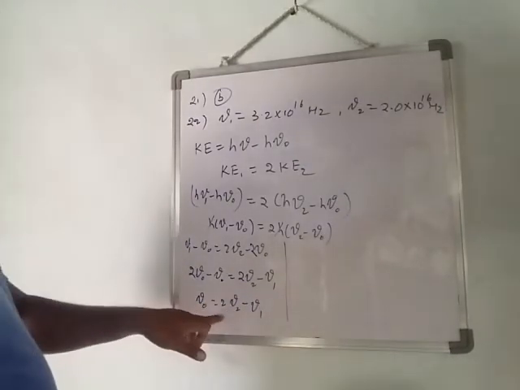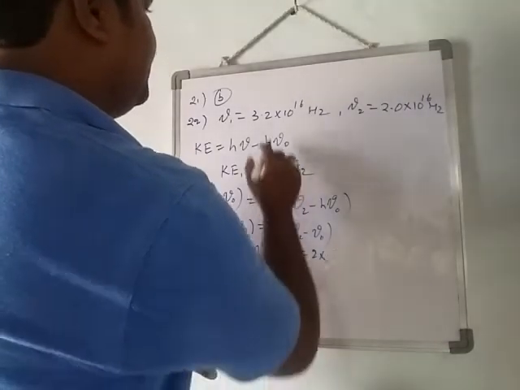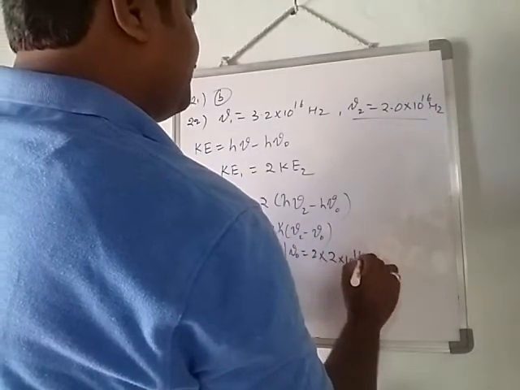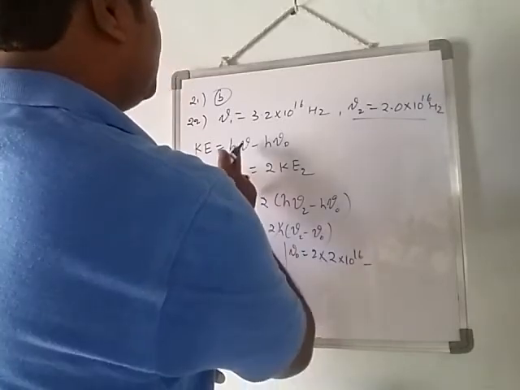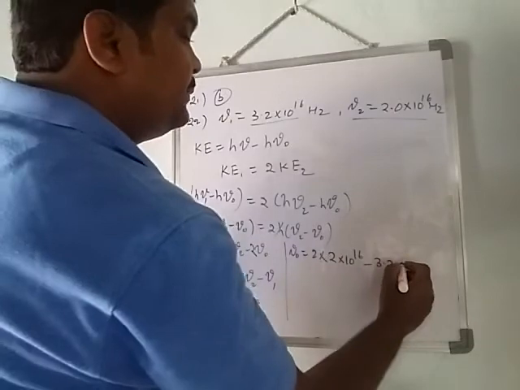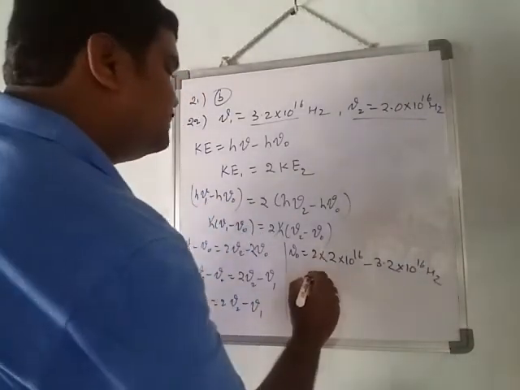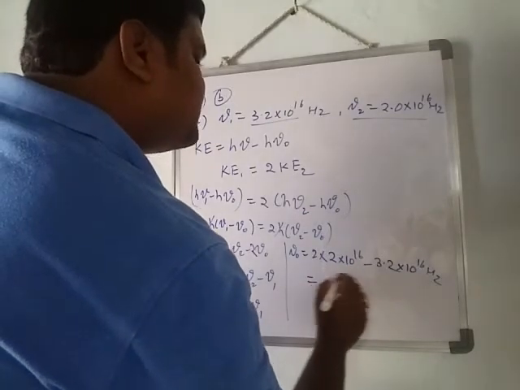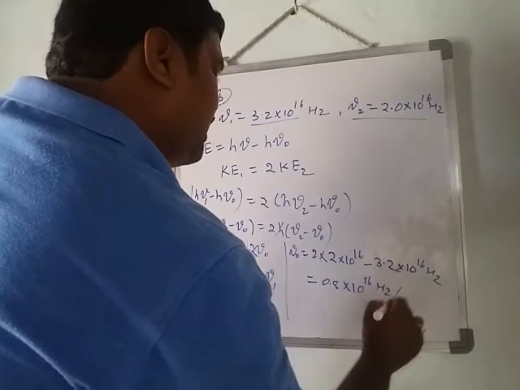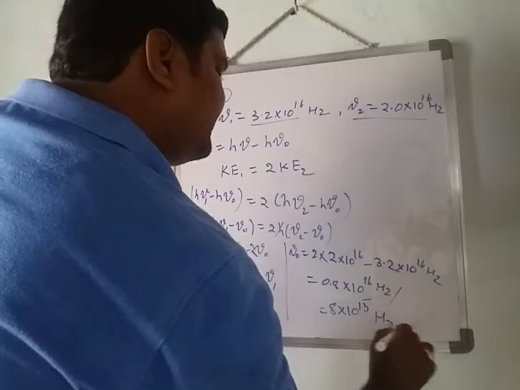So nu naught is equal to 2 into 2 into 10 to the power of 16 minus nu 1, which is 3.2 into 10 to the power of 16 hertz. So now that is 4 minus 3.2, that is 0.8 into 10 to the power of 16 hertz, or 8 into 10 to the power of 15 hertz.